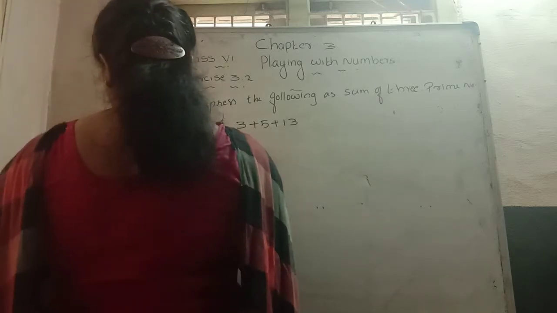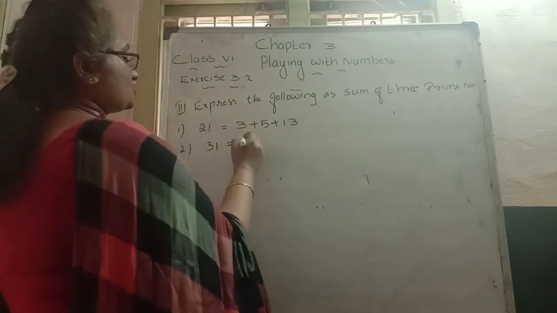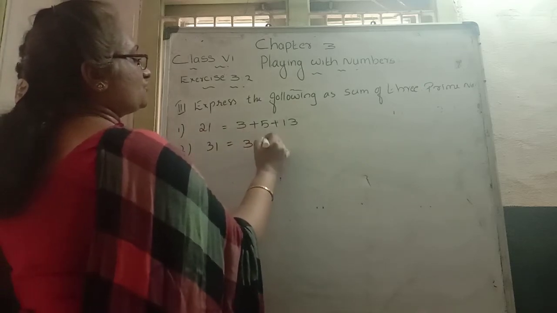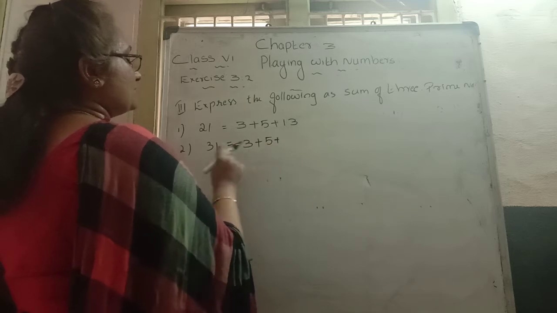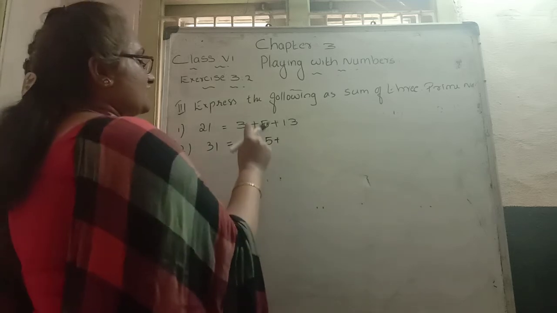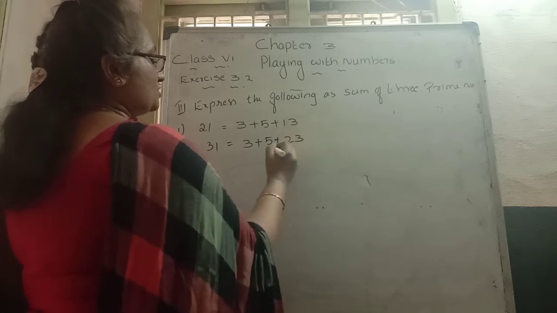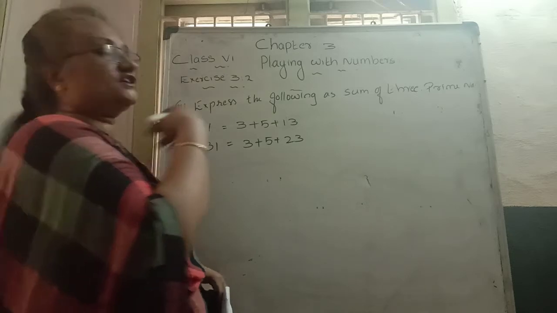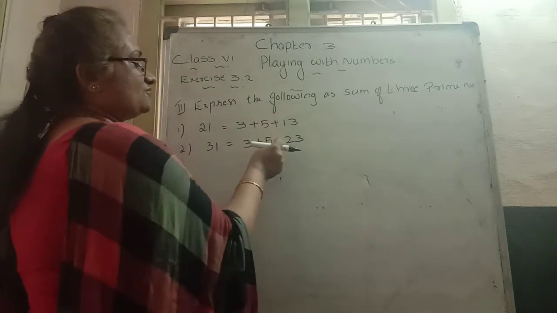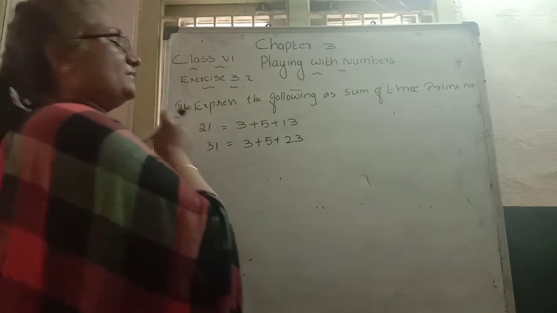One more question. 31. How to express it? Here also we can write 3 added with 5. 3 plus 5 is 8. 8 is added with which prime number to get 31? 8 is added with 23. 23 plus 8 comes to be how much? 31. 23 is a prime number, 5 is a prime number, 3 is also a prime number.